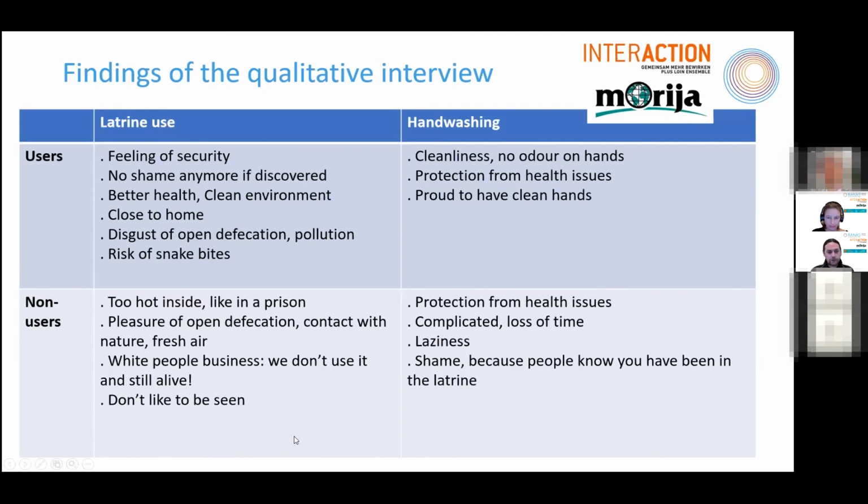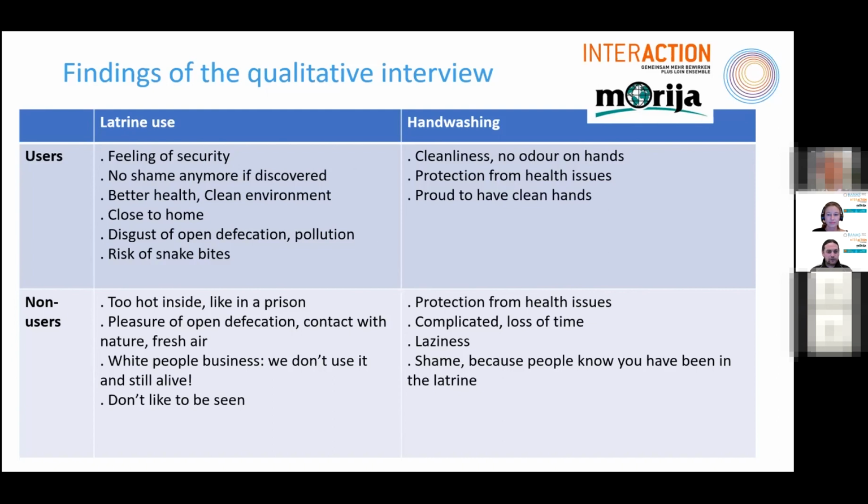For the users, we found that there was a feeling of security, especially for women, because when they went into the bush, they could be discovered and they could be bitten by a snake. All these types of things came out. Of course, people say we have better health, a cleaner environment. The latrine is close to home, so it's very easy to use.